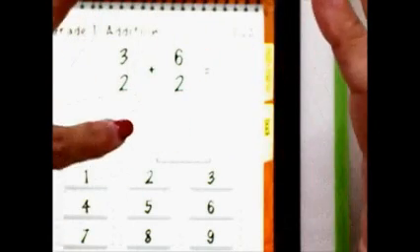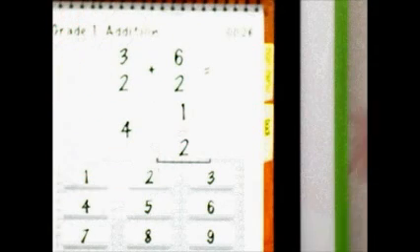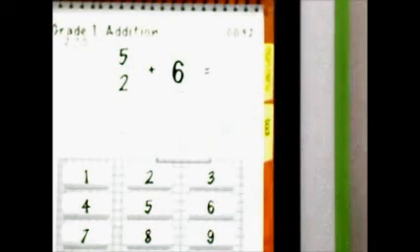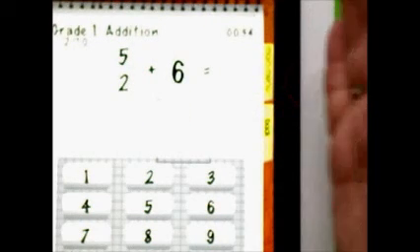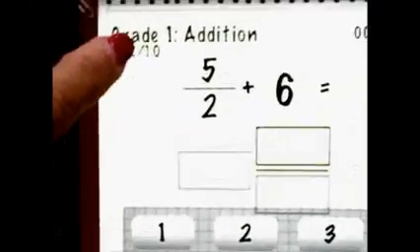So 1.5 and 3 would be 4 and 1/2. It's a little different than the other one, but then you hit enter and you get a check mark, and it's timing. If you notice right up at the top right corner, you've got 39 seconds. You have 10 problems with each set.